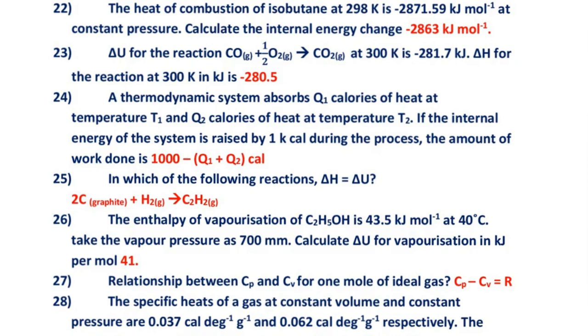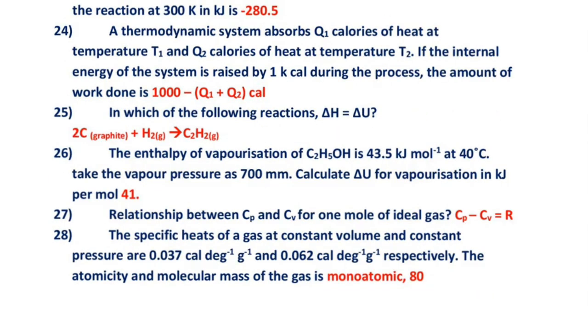Relationship between Cp and Cv for 1 mole of ideal gas: Cp minus Cv is equal to R. The specific heats of a gas at constant volume and constant pressure are 0.037 calorie degree power minus 1 gram power minus 1 and 0.062 calorie degree power minus 1 gram power minus 1 respectively.